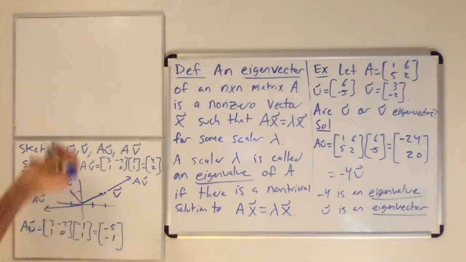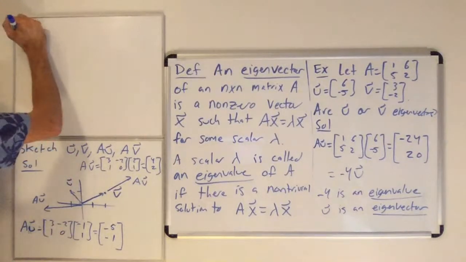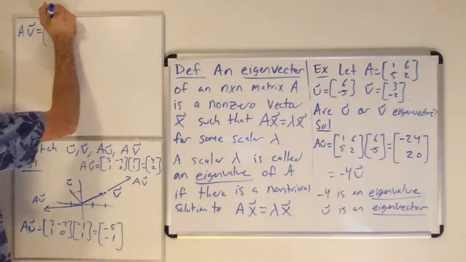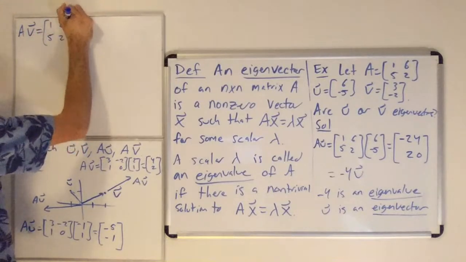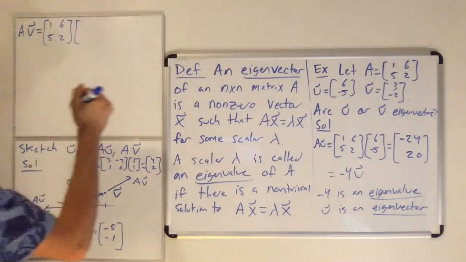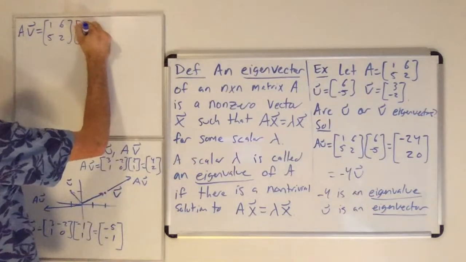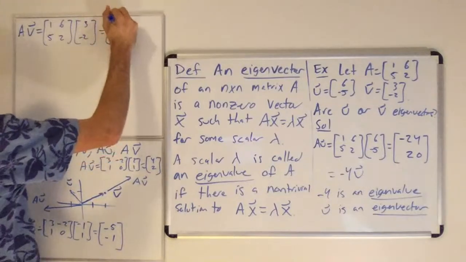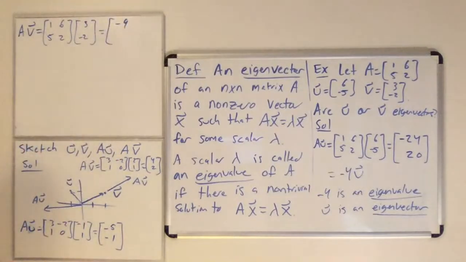Okay, now let's do the same thing with v. A times v is equal to the matrix 1, 5, 6, 2 times the vector 3, -2. Which is -9, 11.